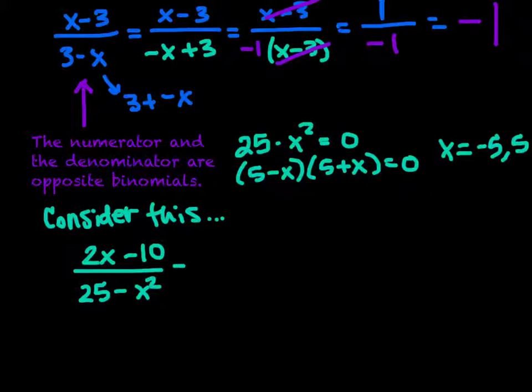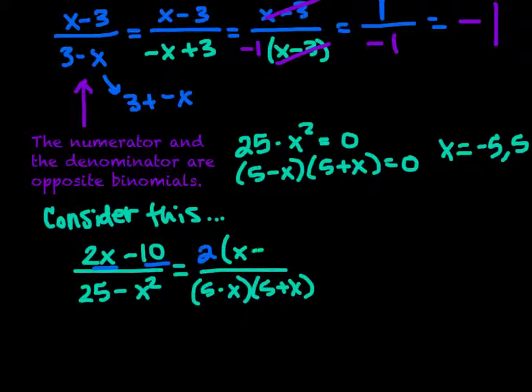After that, we need to finish factoring. We've factored the bottom as 5 minus x and 5 plus x. On the top, it looks like there's a 2 in both of these terms, so we could factor out a 2, and after that we have x minus 5. When I'm looking at this, I see opposite binomials: this x minus 5 and the 5 minus x.